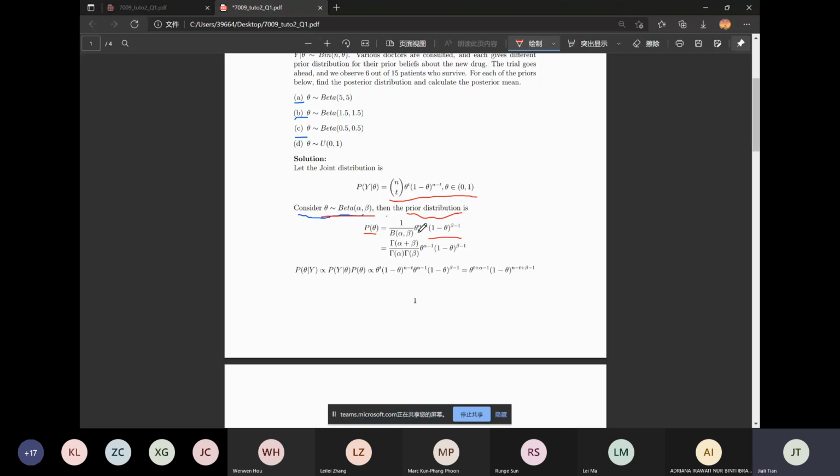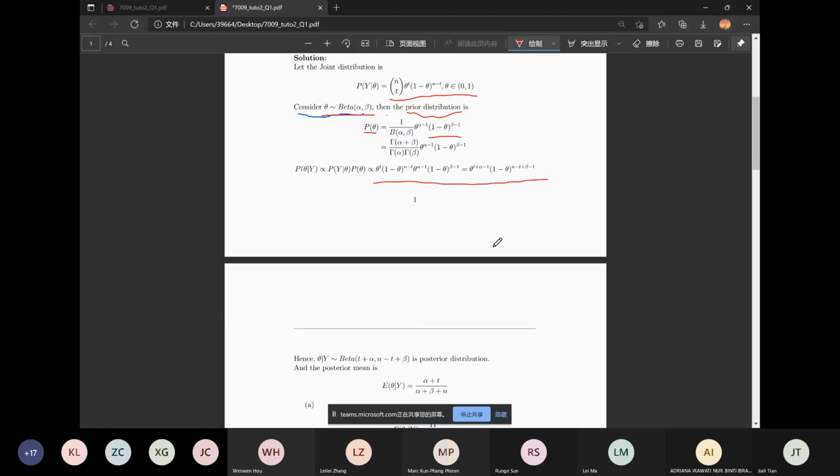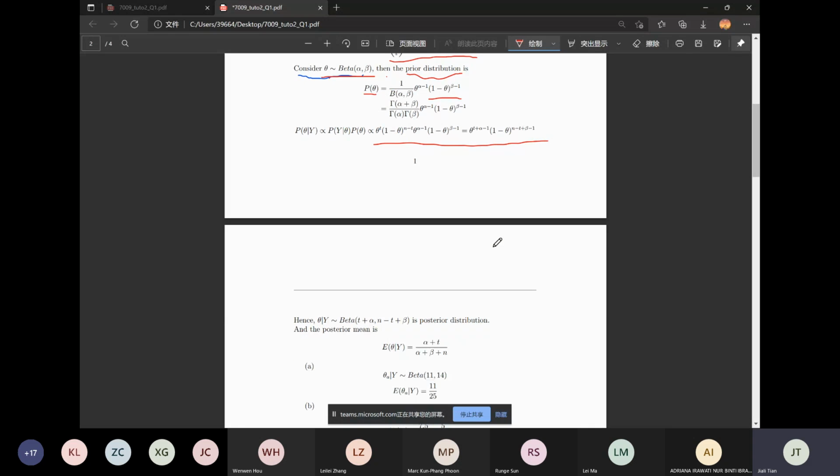The probability of theta given y is proportional to p(y|theta) multiplied by p(theta). And obviously this is a beta distribution.